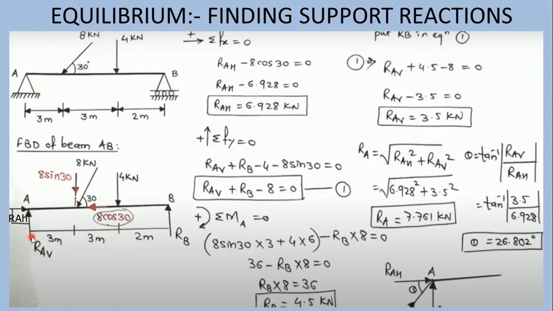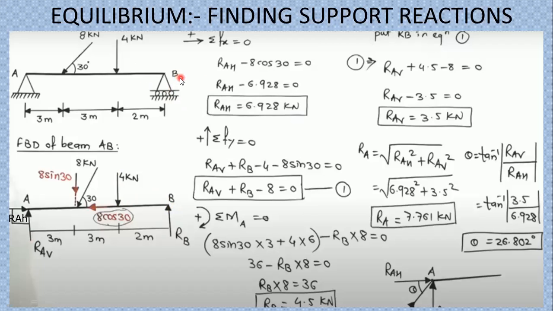After that, split the 8 kilonewton force into 8 cos 30 and 8 sin 30. No need to split the 4 kilonewton force, because it is already acting vertically downward. Next is RB, which is acting in the upward direction. That is the force exerted by the roller.